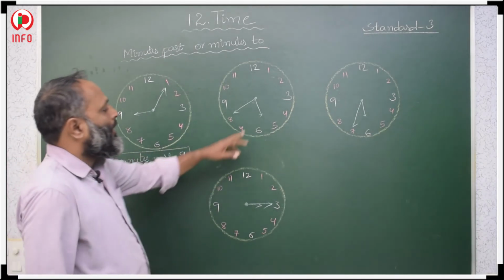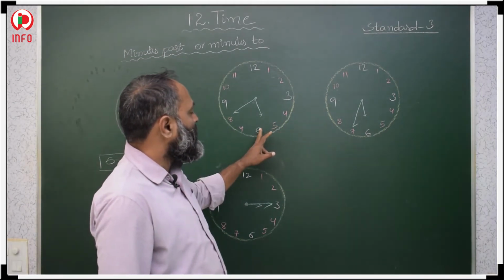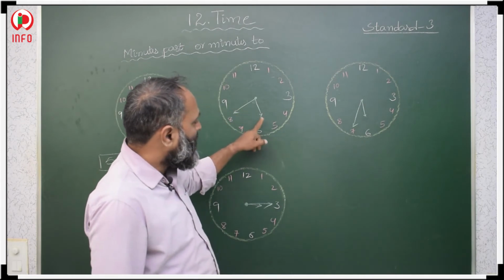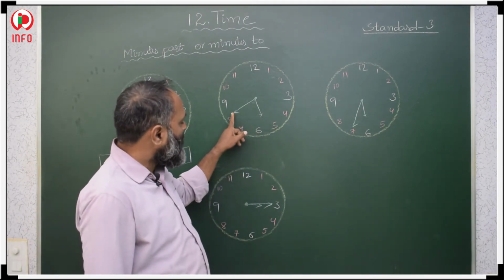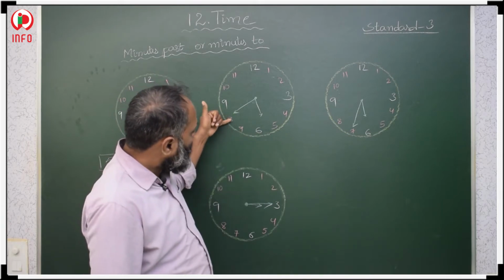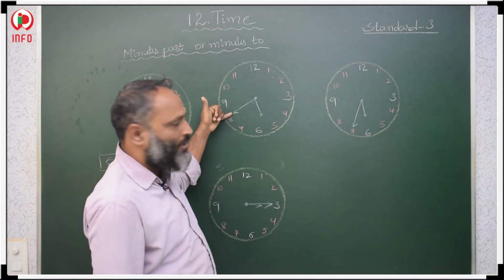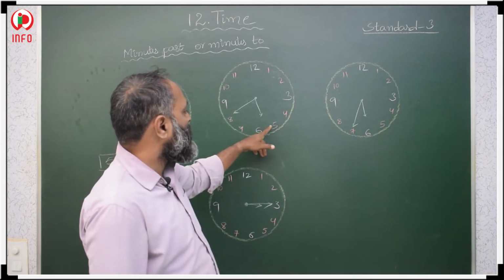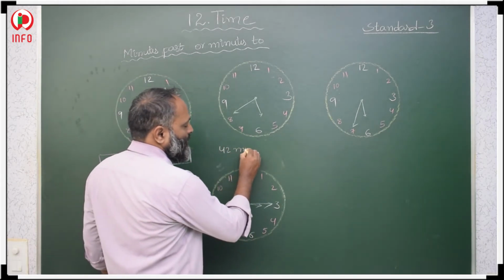Here the hour hand is in between 5 and 6, means 5, and the minute hand is at 8 and 2 minutes past. 8 means 40, 40 plus 2 minutes, 42 minutes past 5.